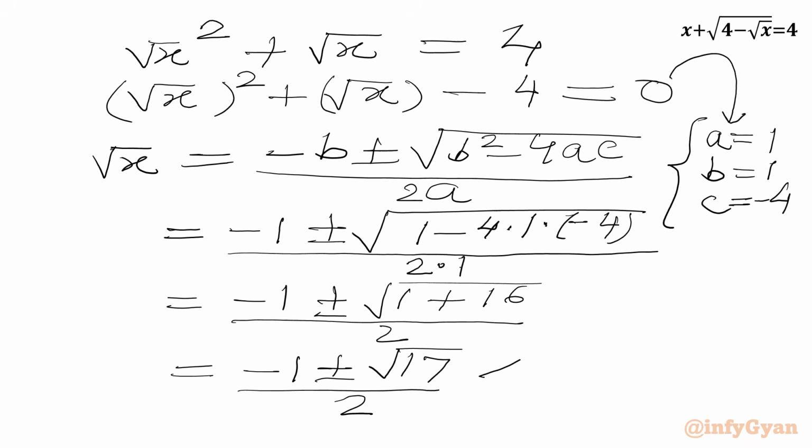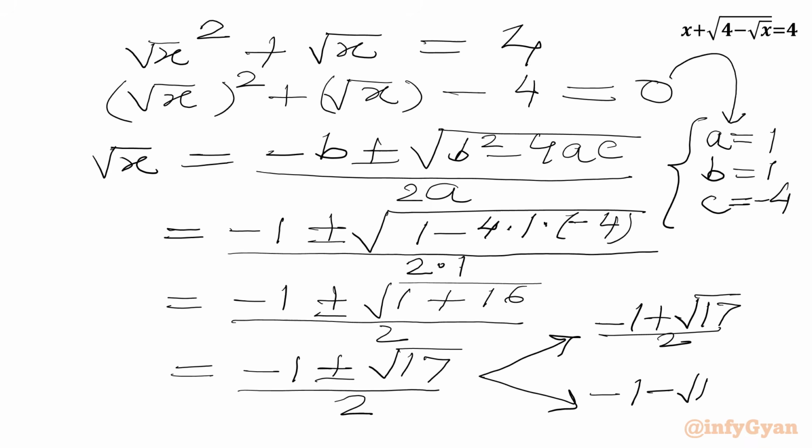So we have two values. I will write it separately, minus 1 plus square root 17 over 2 and minus 1 minus square root 17 over 2.